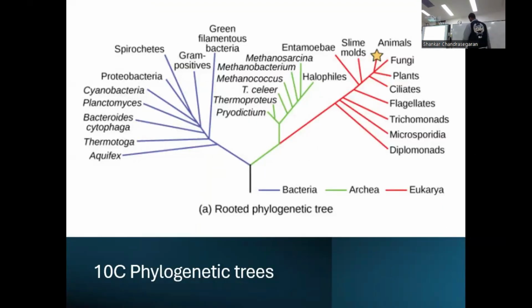So today's lesson, we're going to focus on looking at phylogenetic trees. These are trees that illustrate everything we've learned in the previous lesson, right? In the previous lesson, we used different evidences to study relatedness of different species. We looked at the structural morphology and also the molecular homology.